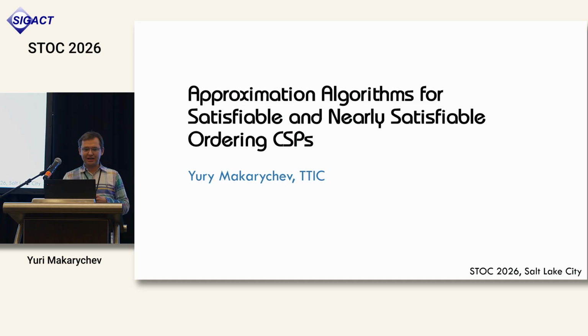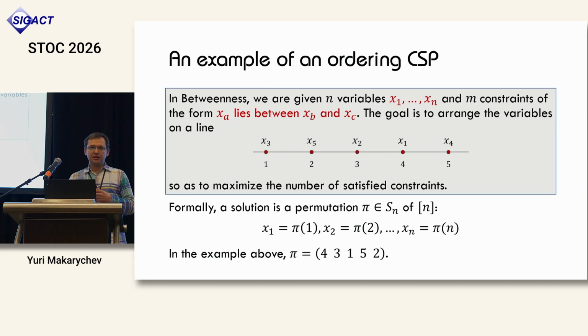I will talk about algorithms for satisfiable and nearly satisfiable ordering CSPs. Before I define ordering CSPs, let me give an example of a specific ordering CSP called betweenness.